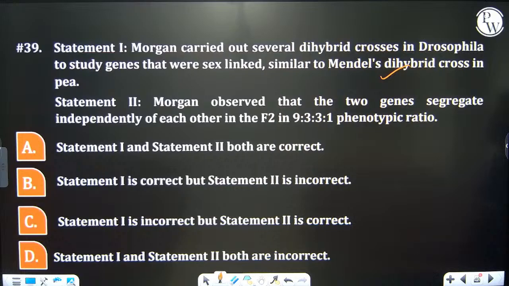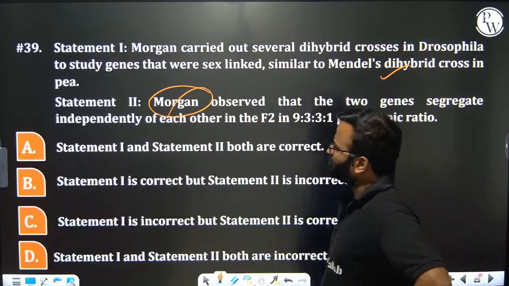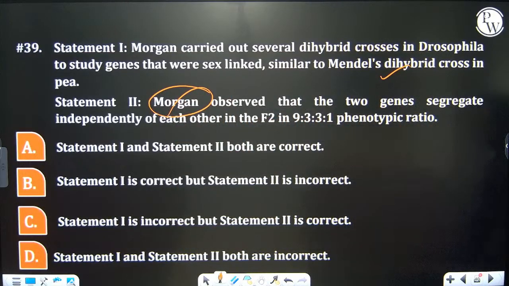Next, Morgan observed that the two genes segregate independently of each other in the F2 generation of 9:3:3:1 phenotypic ratio. Morgan observed the two genes segregate? No, he didn't, right? Mendel observed. So I would say B as the answer.